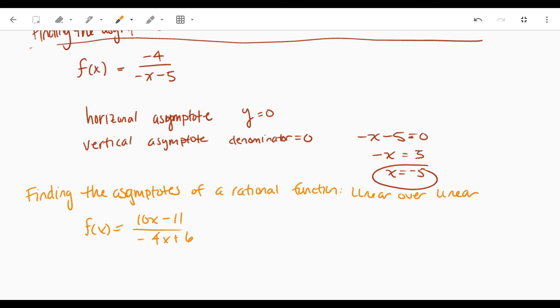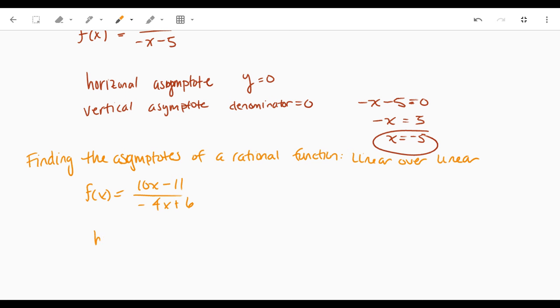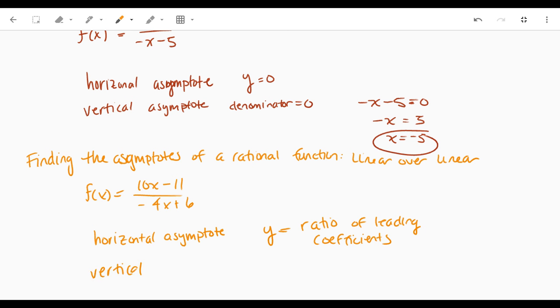Okay, so this one's going to be a little bit different. Okay, your horizontal asymptote is not y equals 0. It's going to be y equals the ratio of the leading coefficients. Okay, but your vertical asymptote is still going to be what makes the denominator 0.